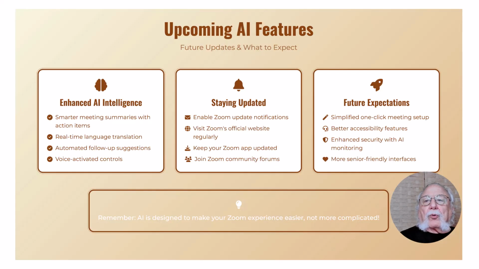Zoom is rolling out new AI that further streamlines meetings. Enhanced transcription aims for more accurate speech to text across accents and languages with clearer and cleaner formatting. Smart meeting insights will suggest better meeting times, surface recurring topics, and offer tips to improve effectiveness.